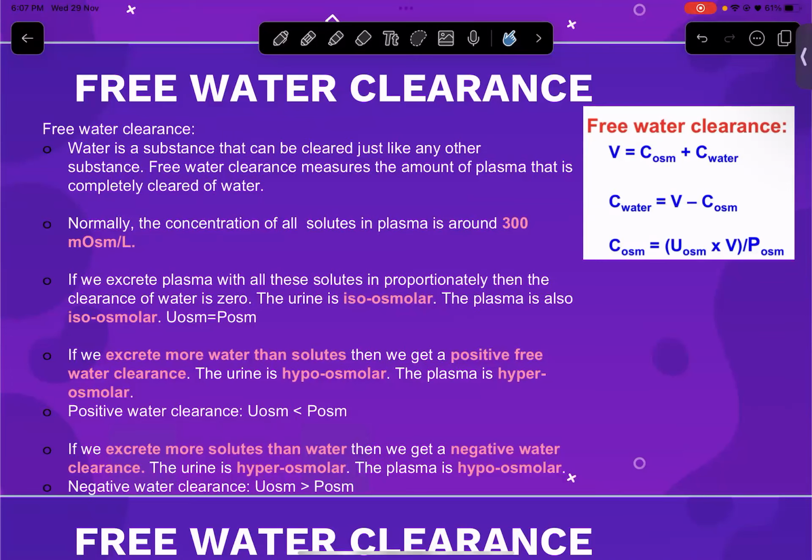Normally, the concentration of all solids in the plasma must be around 300 milliosmol per liter, and if we excrete plasma with all of these solids proportionally, then the clearance of water is 0, and this is why we consider the urine as isoosmolar.